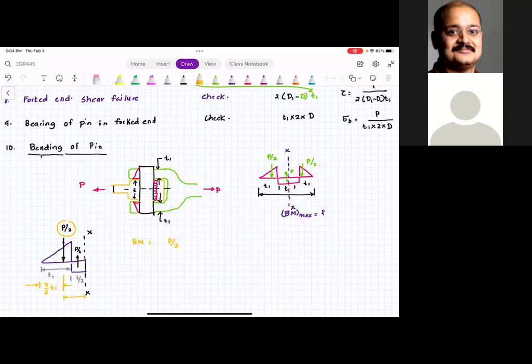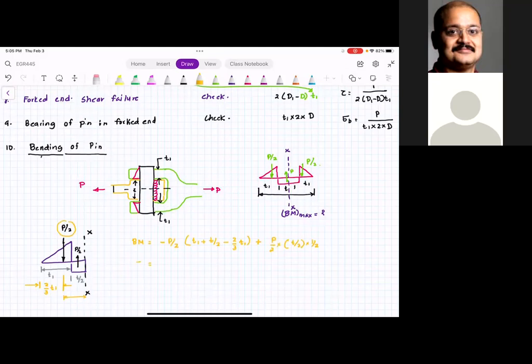How much is this distance? This is T1 plus T by 2 minus 2 by 3 T1, or 1/3 T1 plus T by 2. This force is going down, so I have the negative, plus I have P by 2 multiplied by T by 2 by 1/2. This is the bending moment.